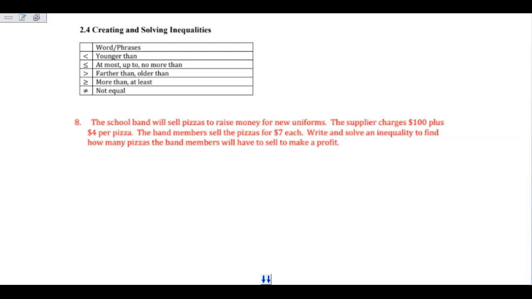All right, so let's figure out which one of these is going to work the best. So it says a supplier charges $100 plus $4 per pizza. So we have 100 plus $4 per pizza. Shall we do P for pizza? They're going to sell them for $7 per pizza.